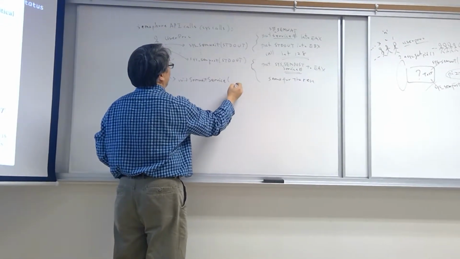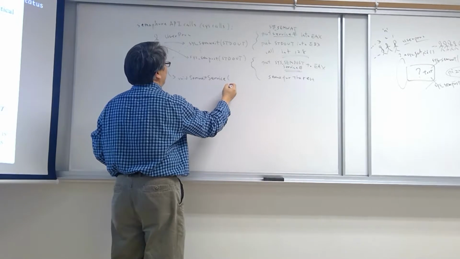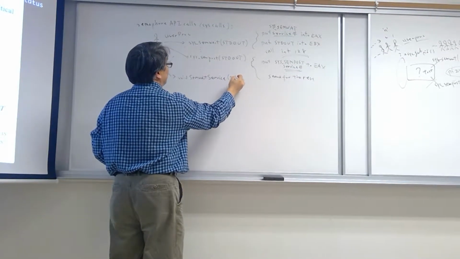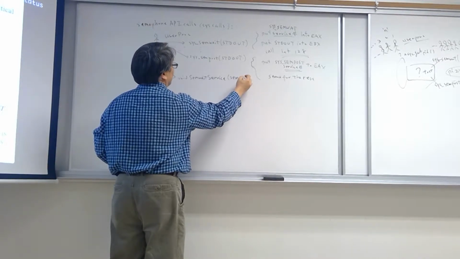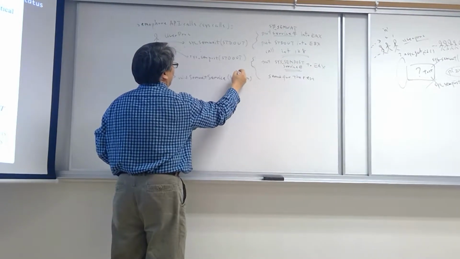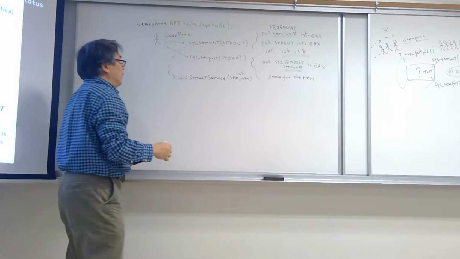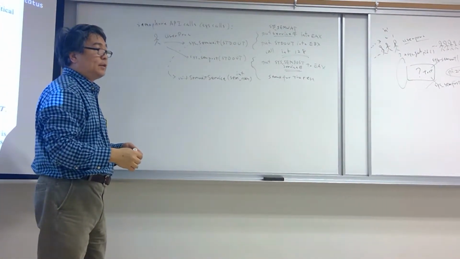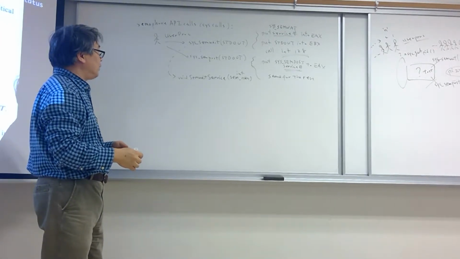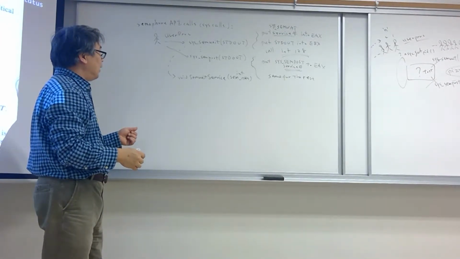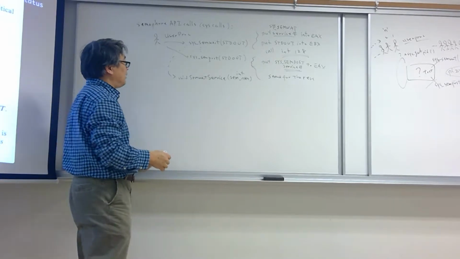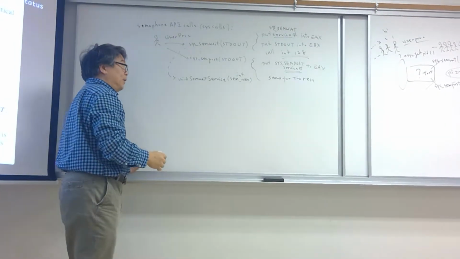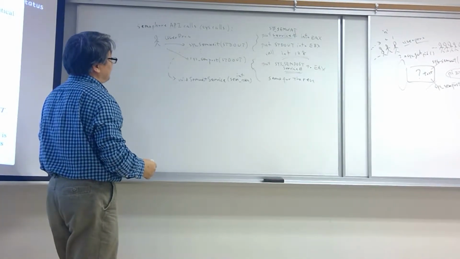The semaphore wait service will receive the semaphore number. Okay. This is given by the syscall service code in service.c. So this becomes a new function in the service.c, being called by the syscall service.